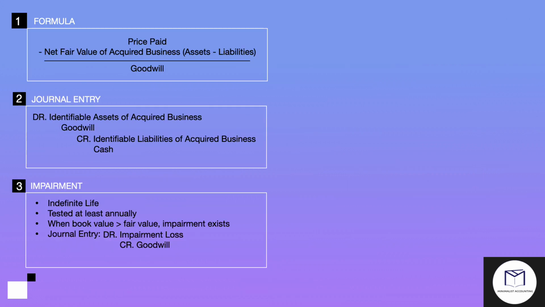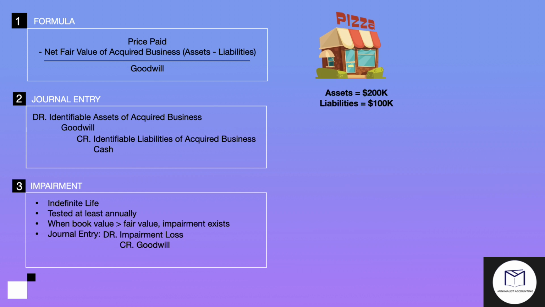Now let's use all this information and go back to our pizza example and see how the accounting plays out. Let's assume your restaurant has assets totaling $200,000 and liabilities totaling $100,000 on the measurement date. Domino's comes into play and buys out your business for $150,000.